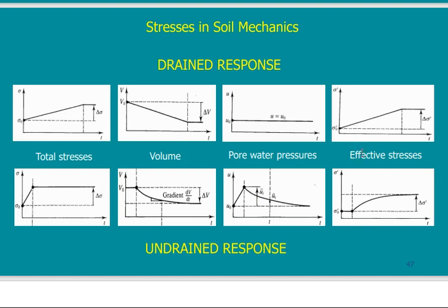Effective stress, we said that the effective stress is just the subtraction of the total, which is this one, minus the pore pressure, and here also it is the total minus the pore water pressure. So if you subtract this minus this, you will get this shape. If you subtract this minus this, you will get this shape.